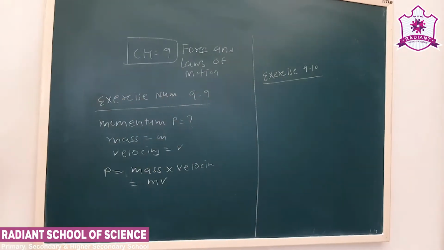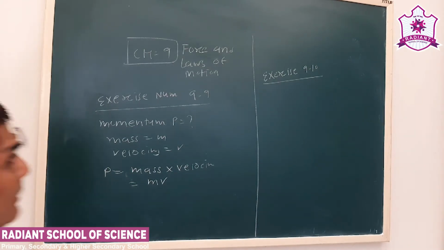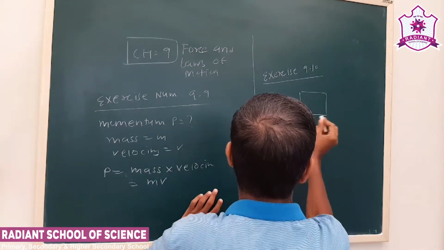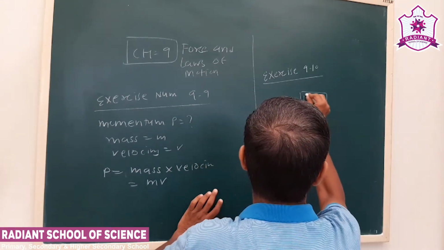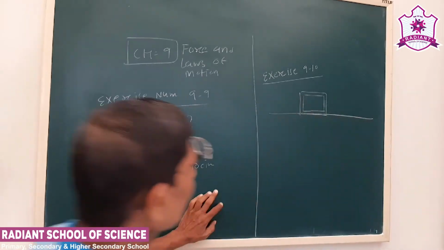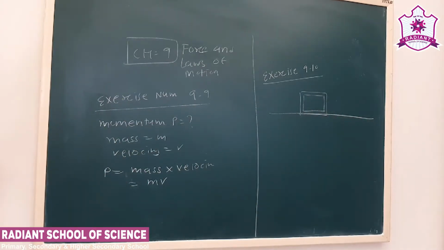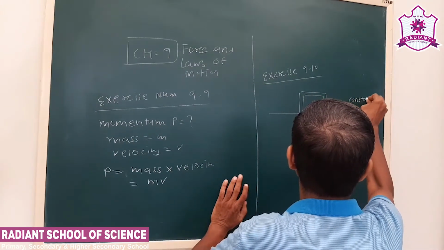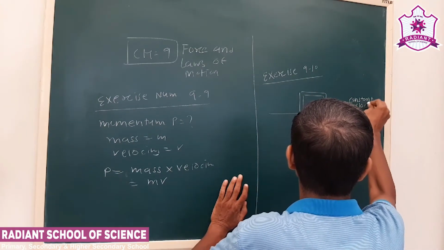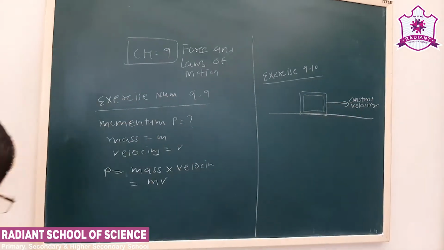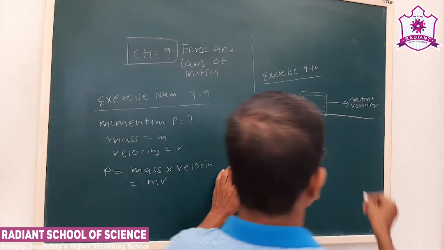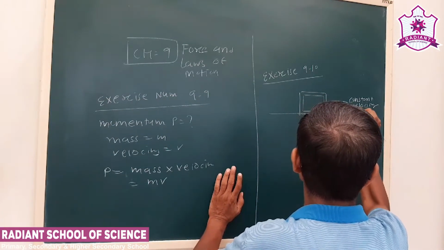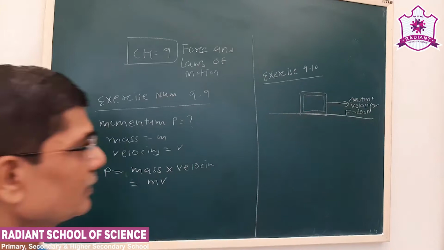The question says that using a horizontal force of 200 N, we intend to move a wooden cabinet. Let us say a wooden cabinet is like this, resting on a horizontal surface, moving with a constant velocity. The force is 200.